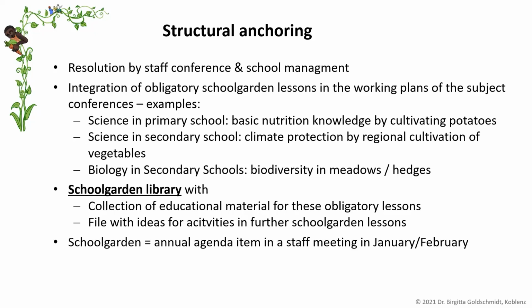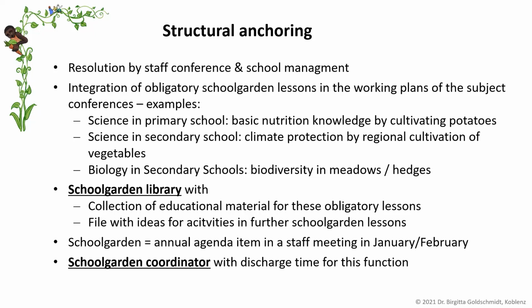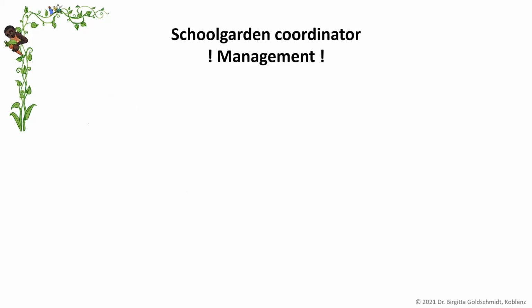And the school garden should be an agenda item at least once a year in the staff meeting, ideally in January or February, when you plan the garden season. And you should have a school garden coordinator with a discharge time for this function to coordinate school garden activities at the school. And this school garden coordinator is the one who does the management.